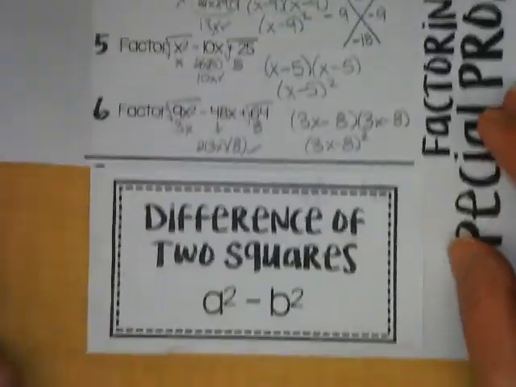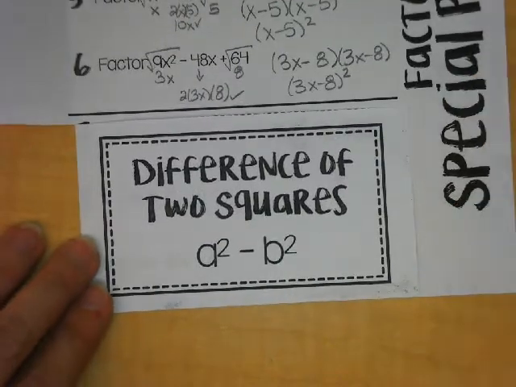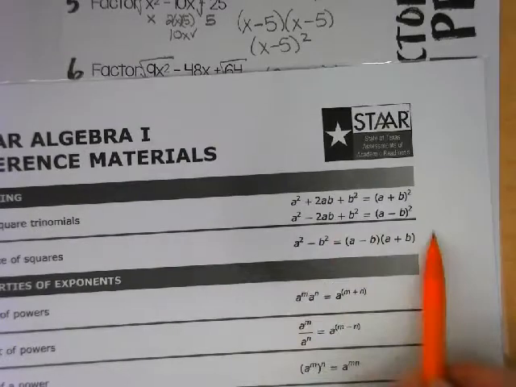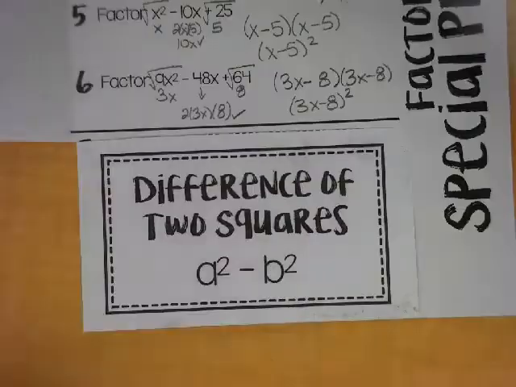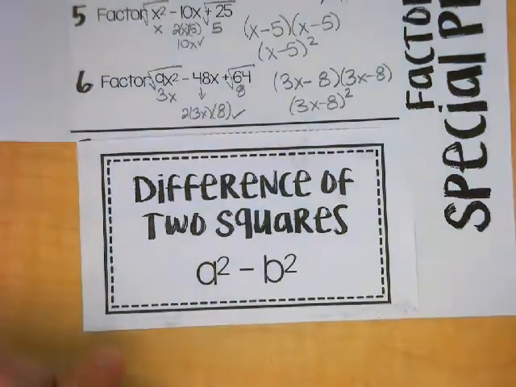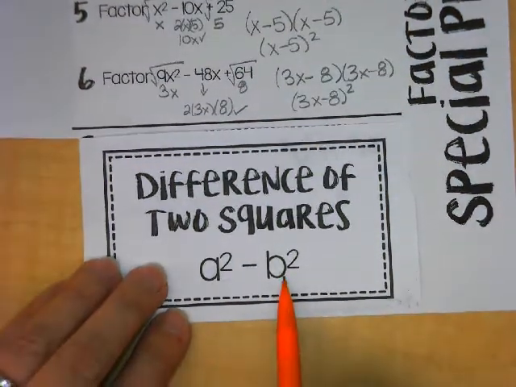The last one I have is a difference of 2 squares. Again, this one is on your formula chart as well. Notice you are going to end up with 2 different binomials at this point. There is no middle term here. This is our first term. This is our last term.